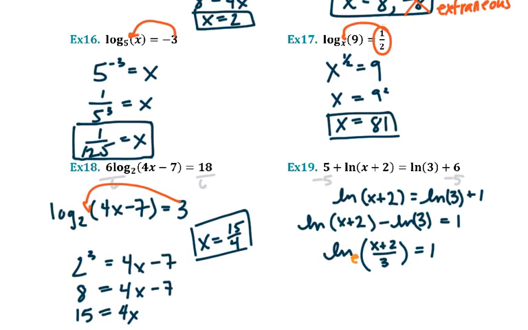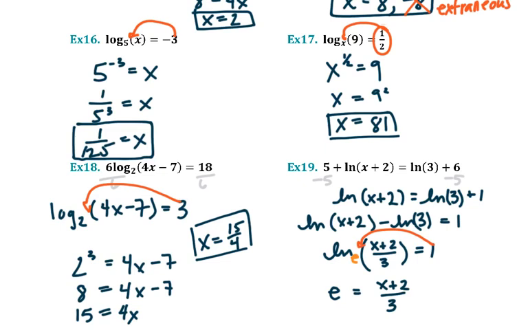And we know there's a little invisible base e here. So if I convert this to an exponential equation, I'm going to get e to the first equals (x plus 2) over 3. And I don't really need to write that 1 there.